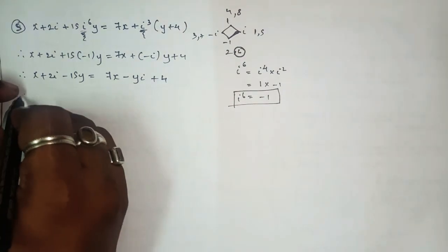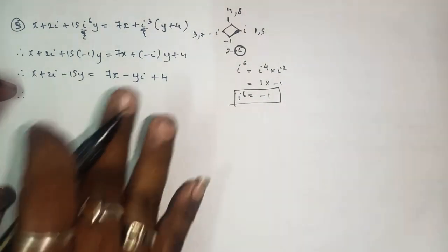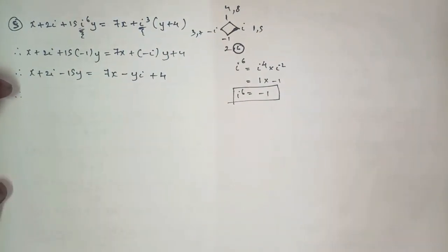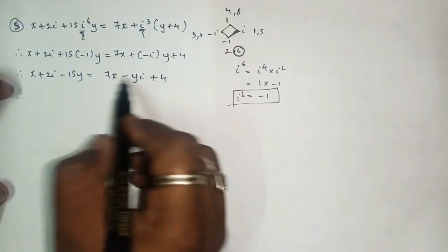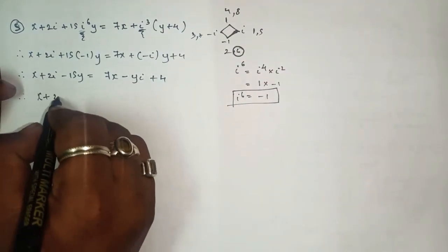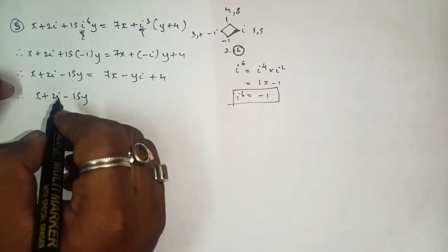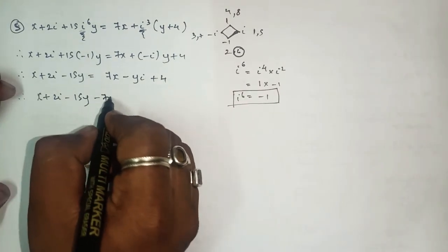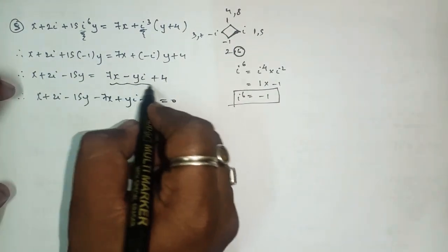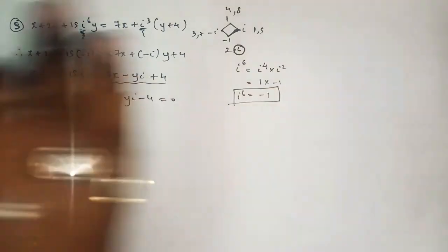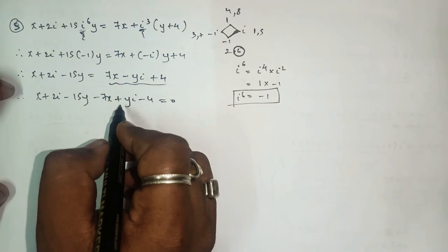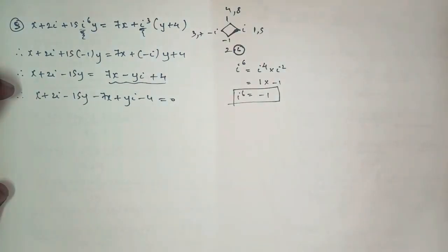Next, after this there are two different methods. So we'll see the simplest method in which we can find our required equation. The simplest method is to bring all the terms to the left hand side. So here x plus 2i minus 15y minus 7x plus yi minus 4 equals 0. Here I brought all the right hand side terms to the left hand side. So this will be minus 7, and this, when it shifts to the left hand side, will be plus, and this will be minus.